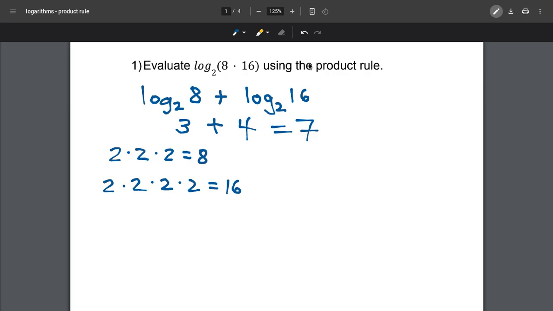Okay, why does that work? Well, let's take a look at the original logarithm here. So essentially we do have log base 2 of 8 times 16.